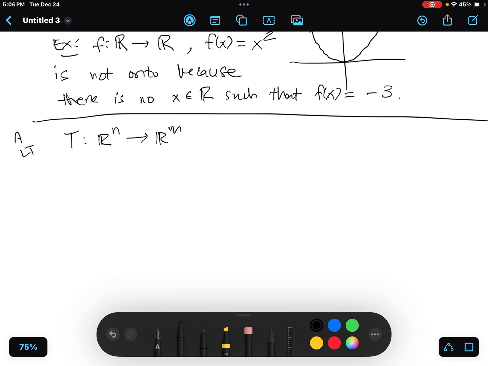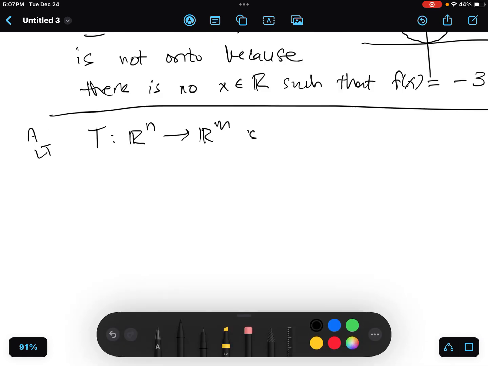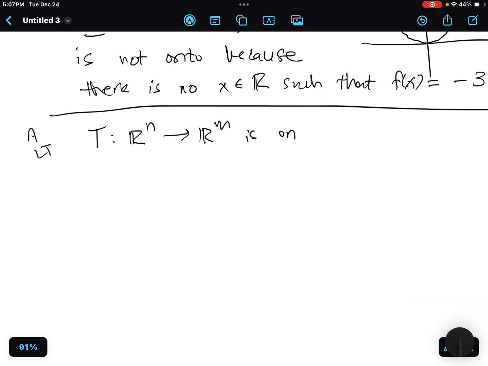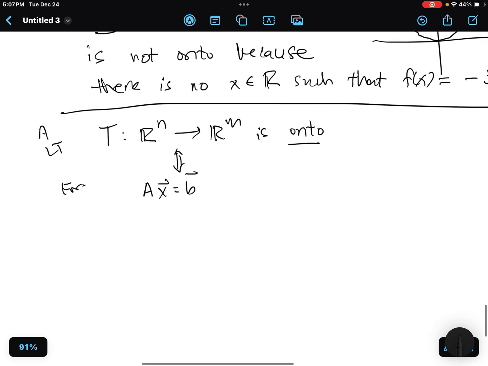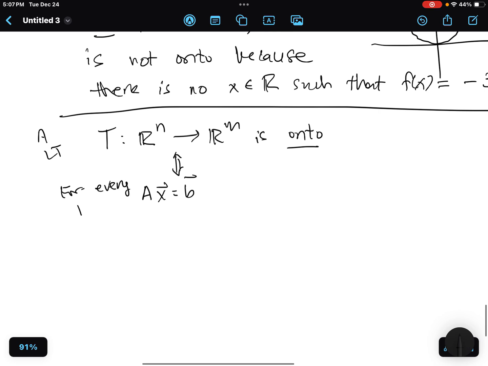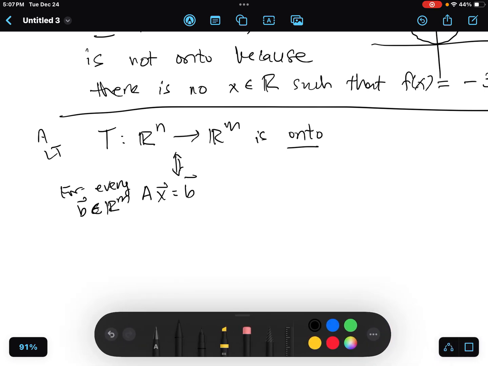A linear transformation is onto, well, let's phrase that in terms of the standard matrix A. It means that AX equals B, for every B in Rm, has at least one solution.